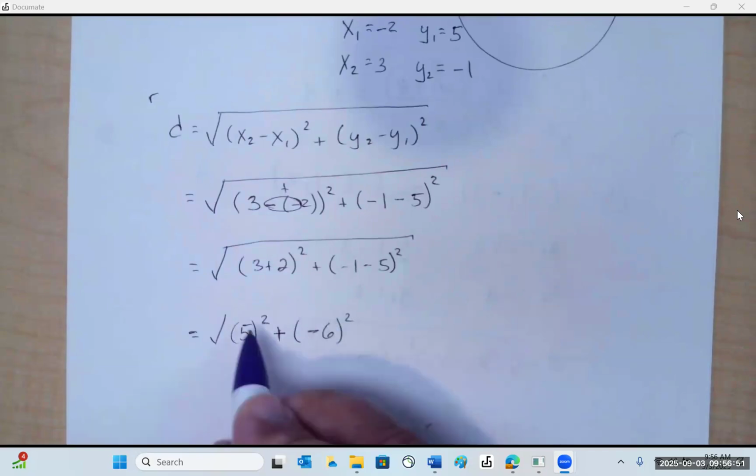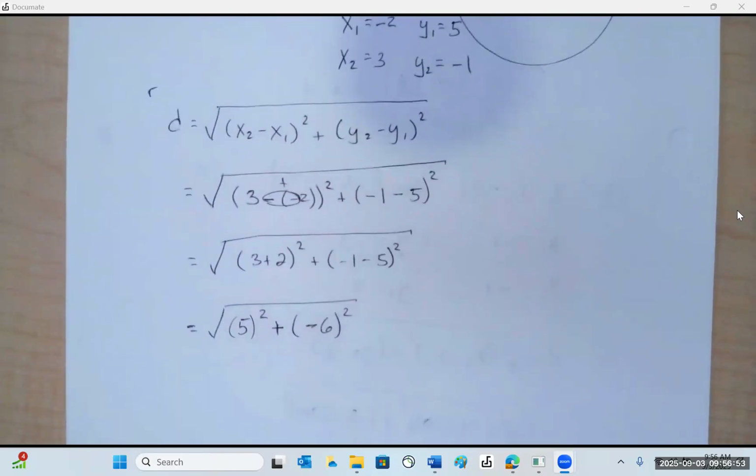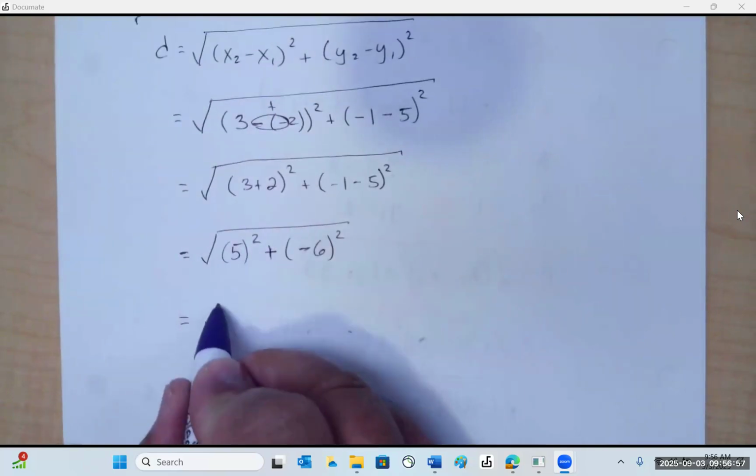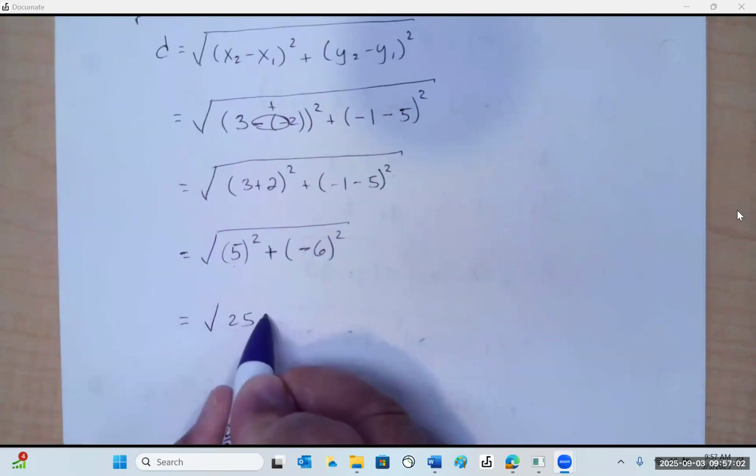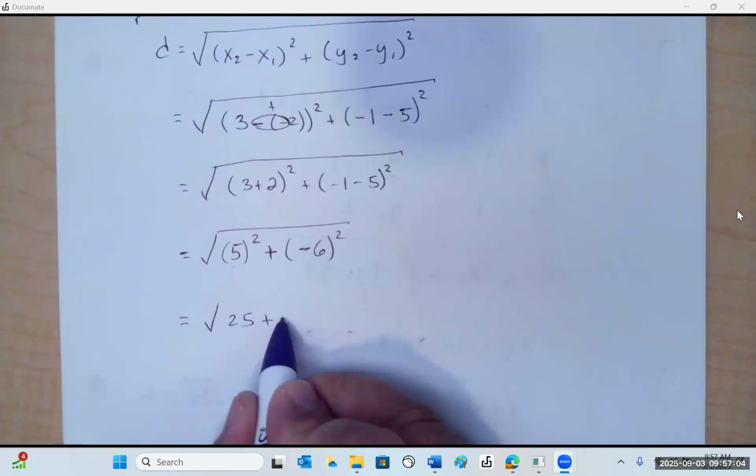Very good. Five squared is 25, -6 squared.